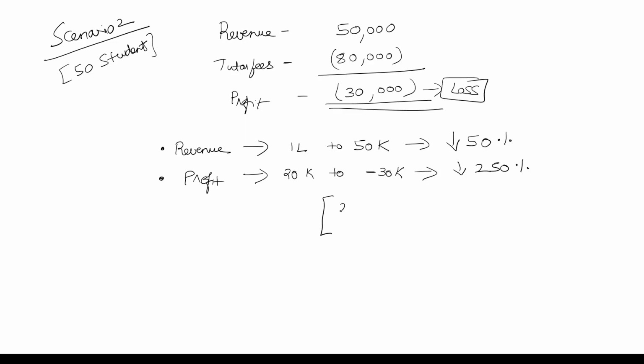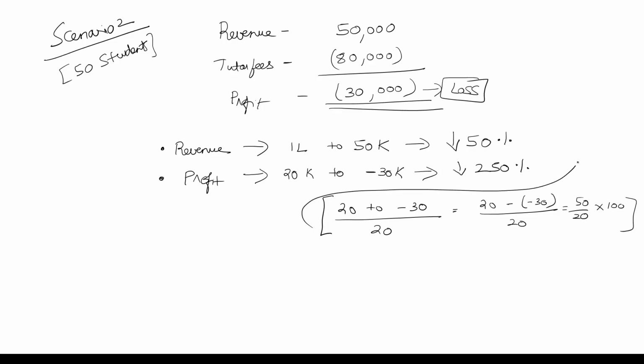Because it is 20 minus minus 30, divided by 20, which is 50 by 20 into 100. So that gives us 250 percent. So you will see the magnified impact again.